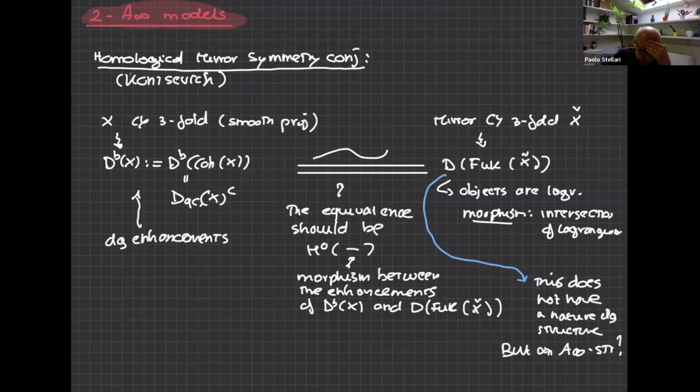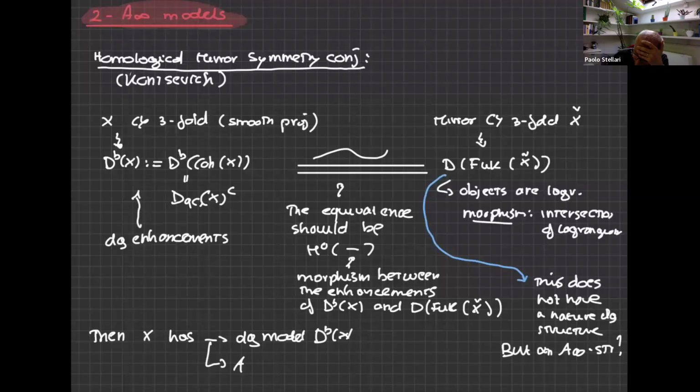Okay, so in particular, if we look back at X, then X has both a DG model and an infinity model, which is this derived category of the Fukaya category of the mirror of X. Okay, so if we allow ourselves to look at models of different nature, then we immediately find more than one.